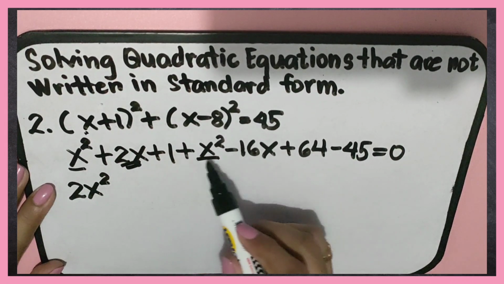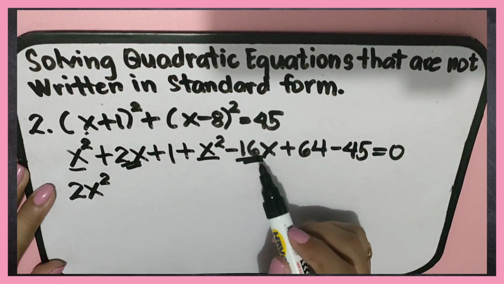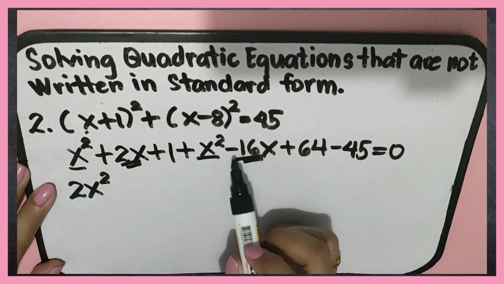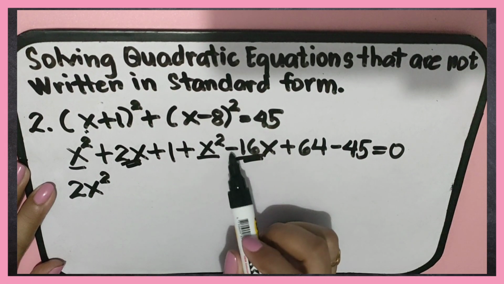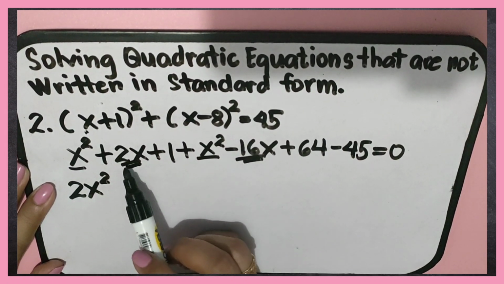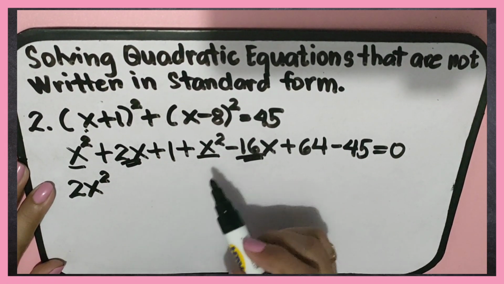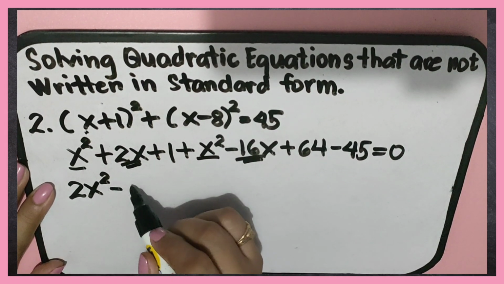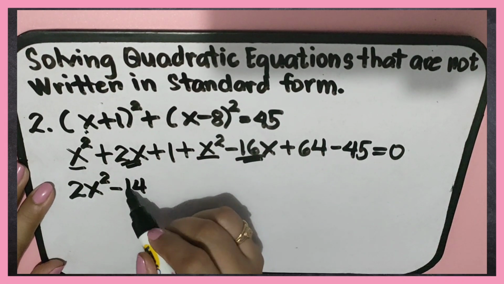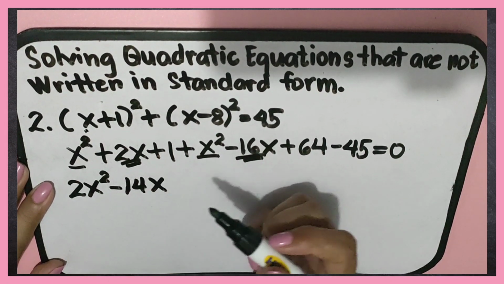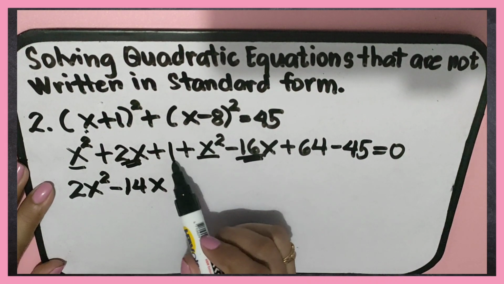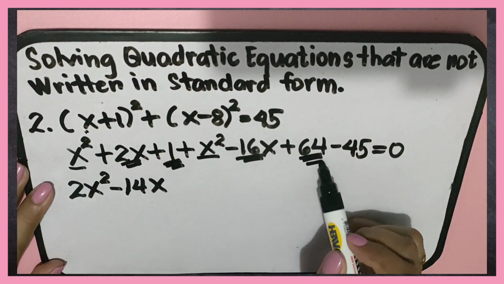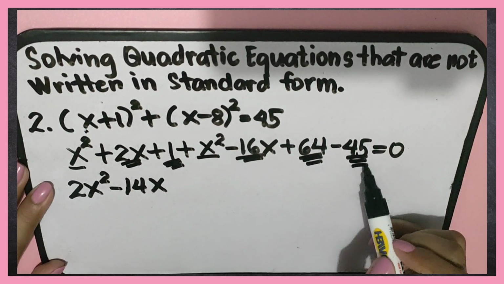We have 2x and then we have 16x. So we have unlike signs. So you will subtract, then get the sign of 16, which is negative. So 16 minus 2 is 14. Then copy the sign, negative 14x.